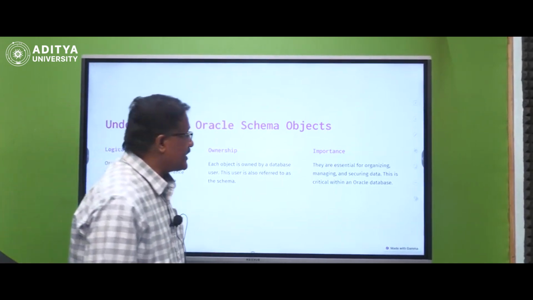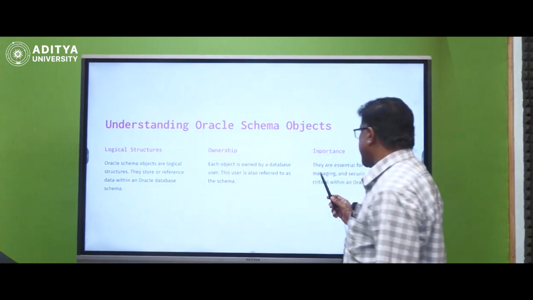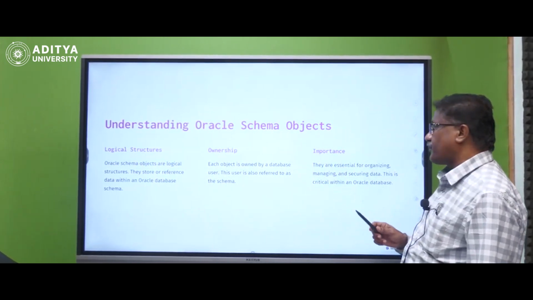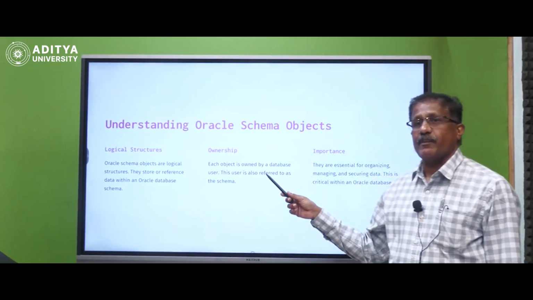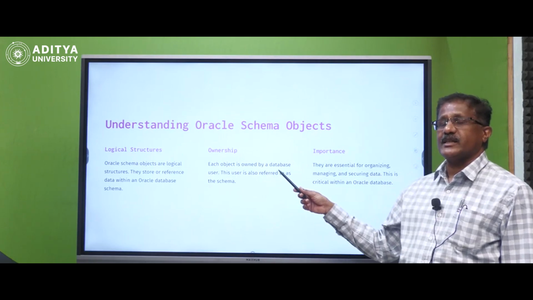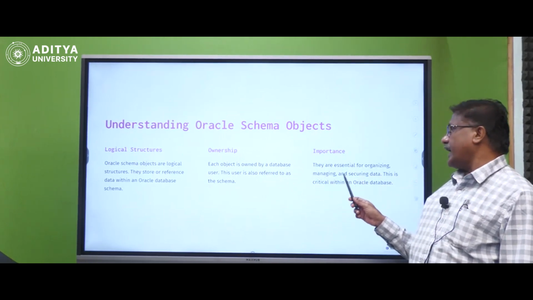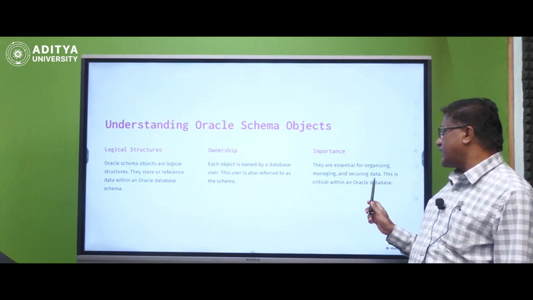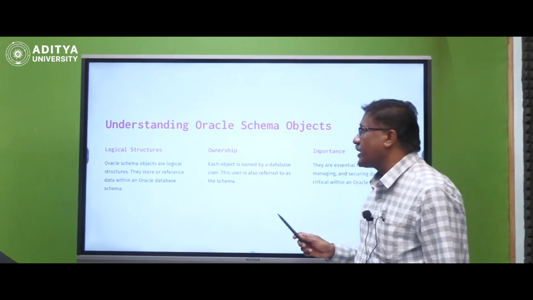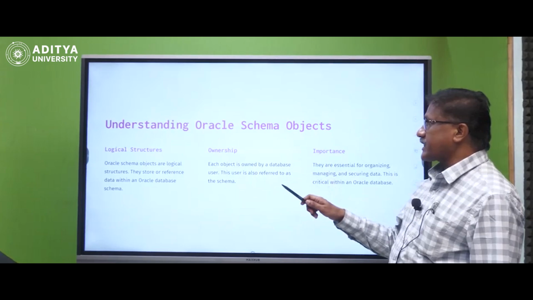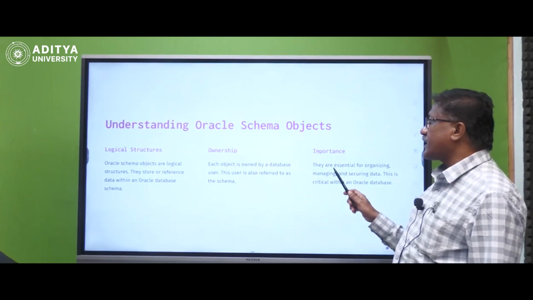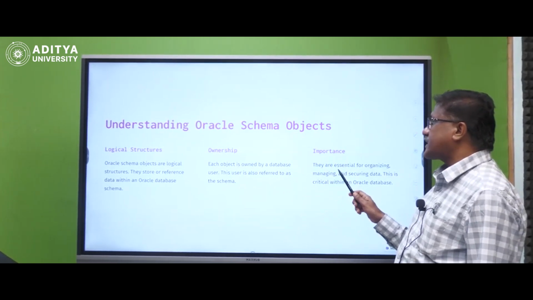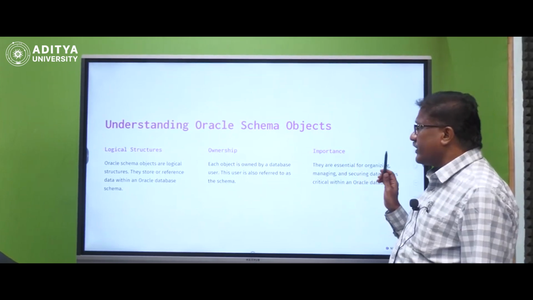What is the importance of this? They are essential for organizing, managing, and securing the data. That means schema is nothing but organizing, managing, and securing the data. This is critical within the Oracle database, very, very important. The logical structure and the Oracle database schema objects have to be very clear.